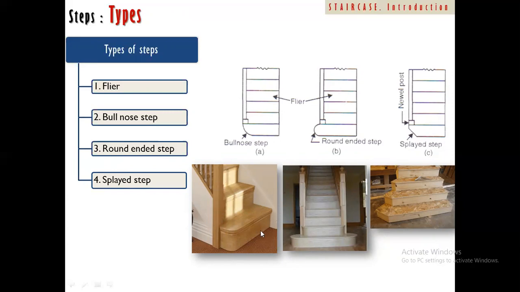So sometimes, to provide additional strength, people provide this bullnose step. Sometimes your maximum movement is from this direction, and you may go like this. So even at that portion, the bullnose step can be provided.